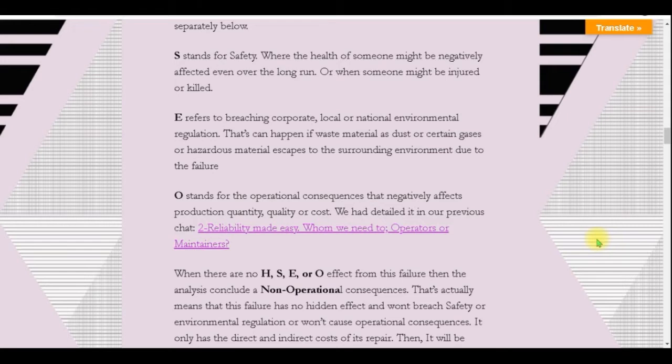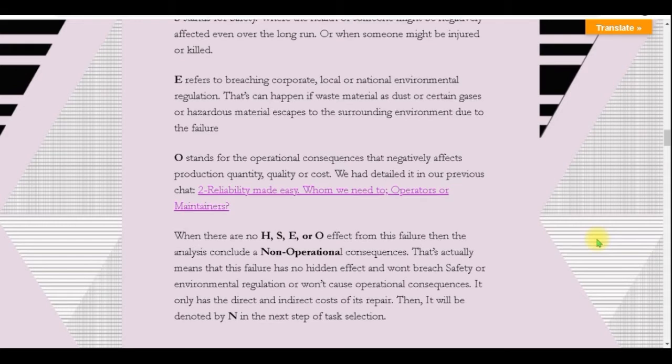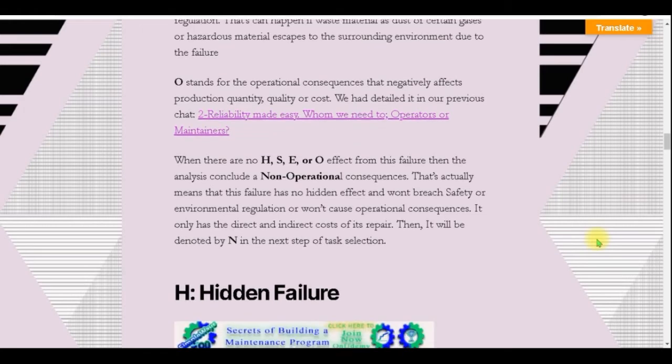And O stands for the operational consequences: the negative effects on the operation, quantity, quality, cost, available time, operation rate, whatever you consider an effect on the operation. If the production rate is reduced, that's an effect, because it will result in fewer production numbers, increased costs, more fuel used. Rework also causes more costs, more fuel used, some raw material scrapped, and so on. All of these are operational consequences.